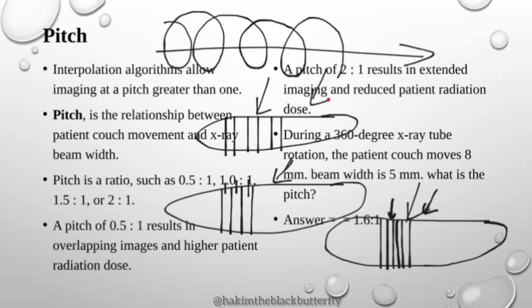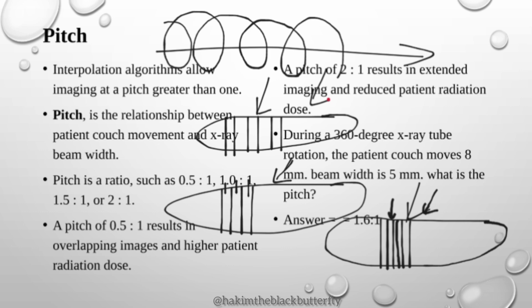Interpolation algorithms allow imaging at a pitch greater than 1. Remember, interpolation estimates information that is in between the slices, the information of the tissues that have been missed. So with a pitch greater than 1, interpolation can try to estimate information between the slices.